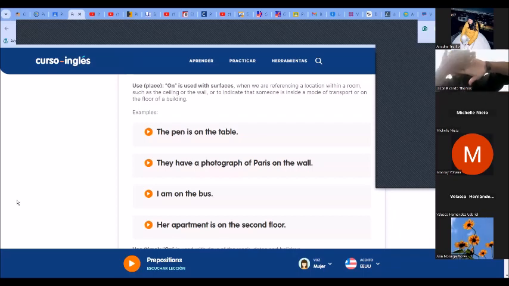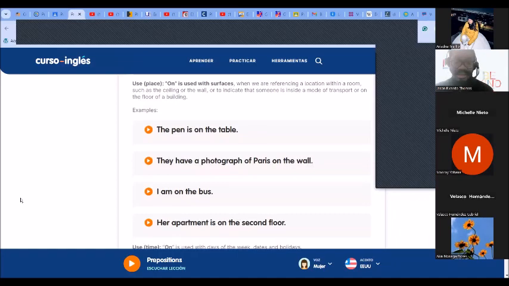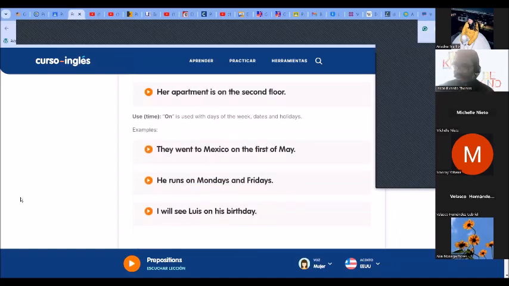So whether it's the wall, which is vertical, or the table, which is flat, or the phone, or even the internet, which technically is a place, a virtual place, we can use on to refer to things that live touching that surface, right? Now, if you think of time in the same way, you can also use it for time.